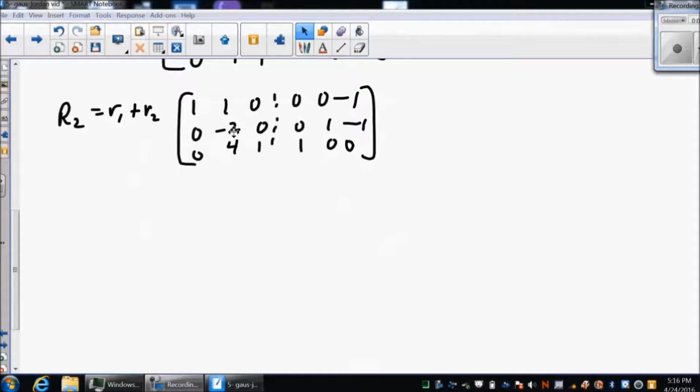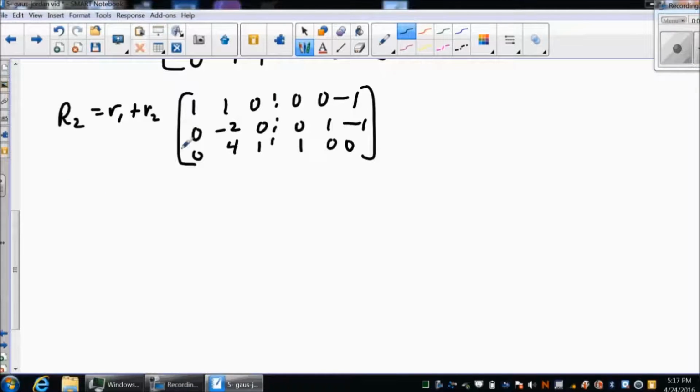Now we're ready to work on the second row and second column. Our first column has a 1 with zeros underneath. So to get this number to be a negative 1, we replace R2 with negative 1/2 current R2.